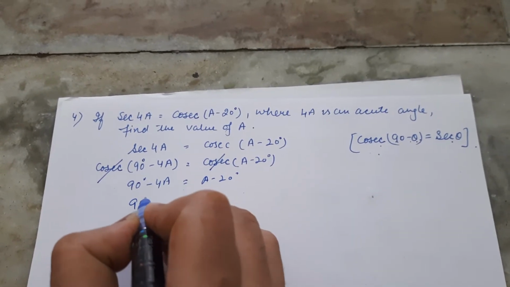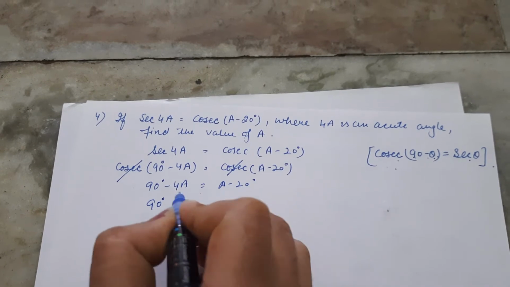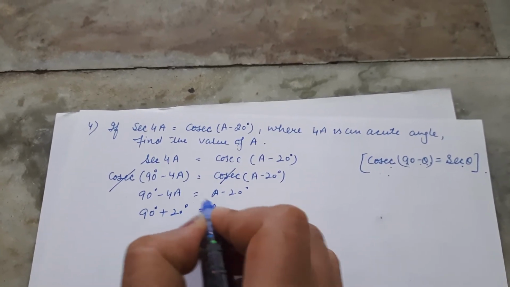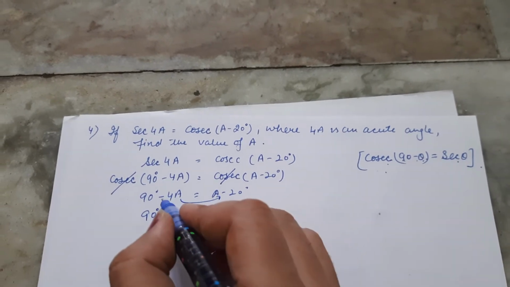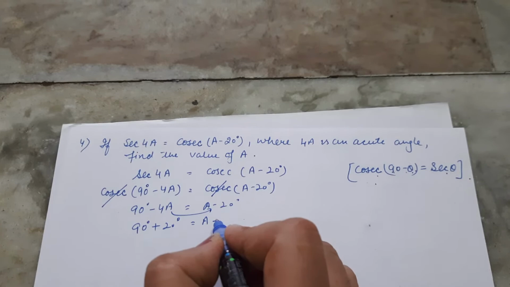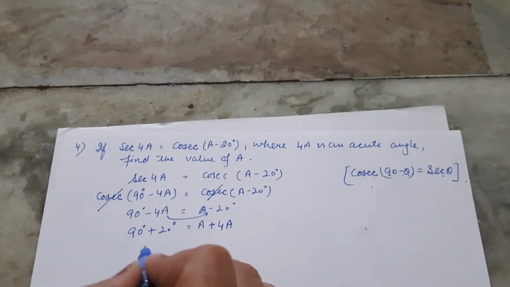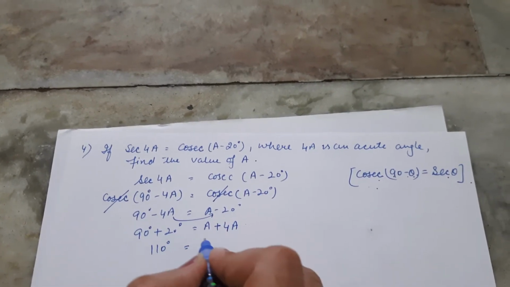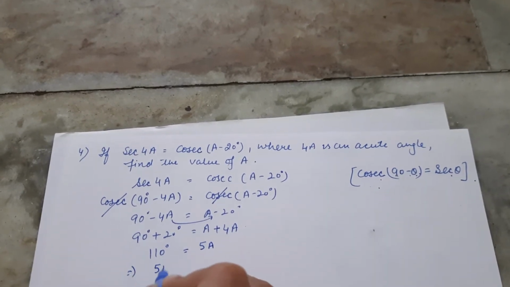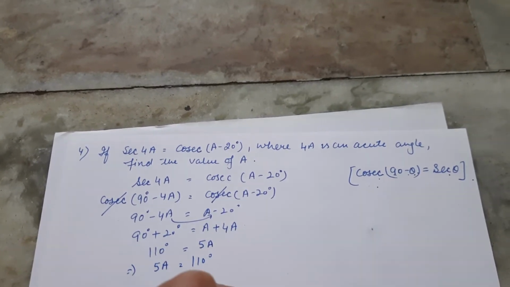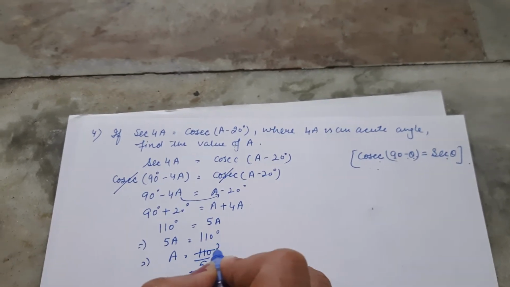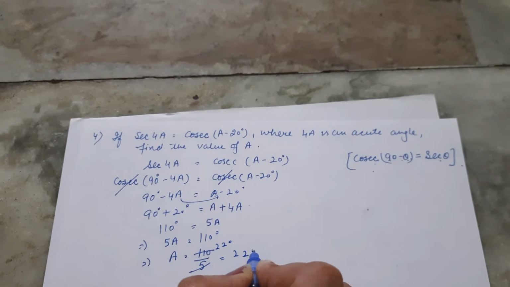So 90 plus 20, because when I shift this 20 to this side it becomes positive, and a, when we shift it to this side, becomes negative, and then it will be positive. So 110 degrees equals 5a, and this implies 5a is equal to 110, a is equal to 110 by 5, so it will be 22.